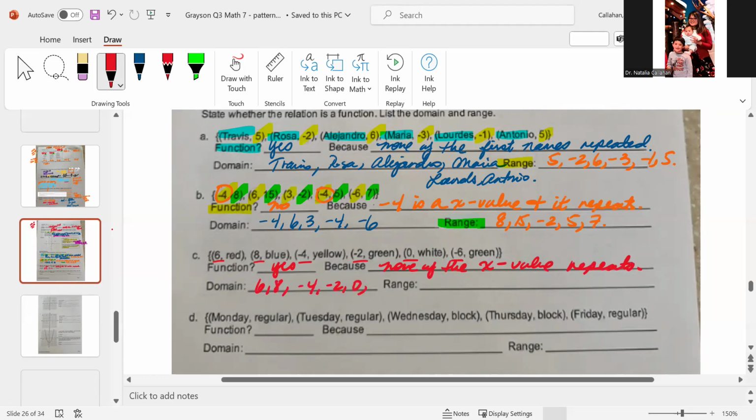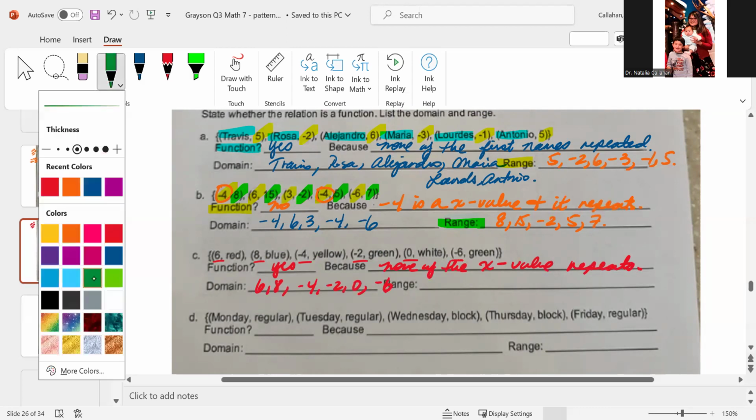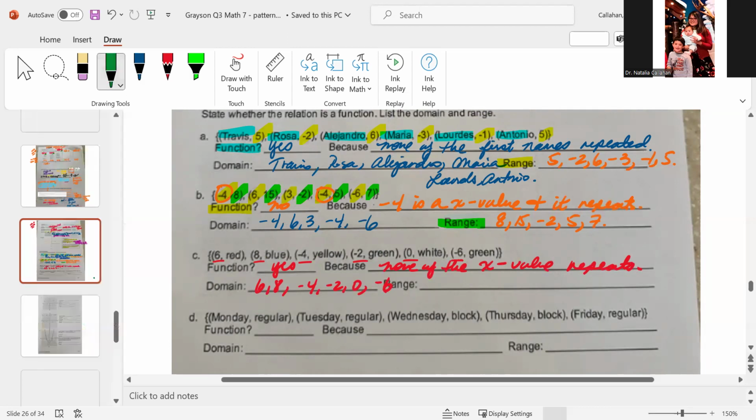Do you understand that? Yes. The range is all the Y values, so that will be red, blue, yellow, green, white, and green. Even though the green repeats, it's not the X value, it's the Y value, so we don't care.